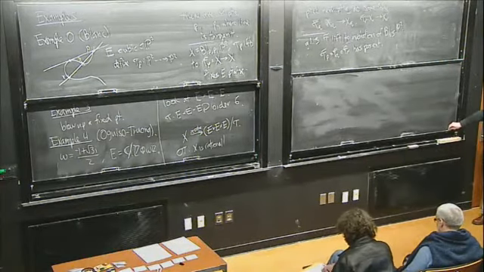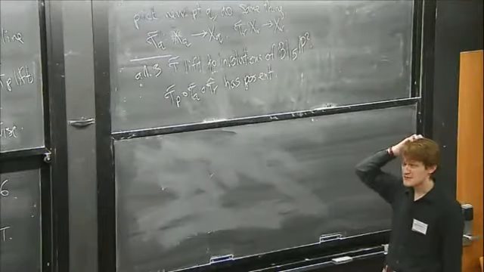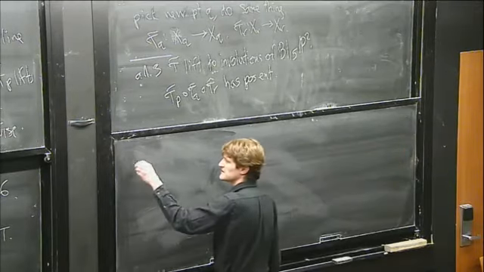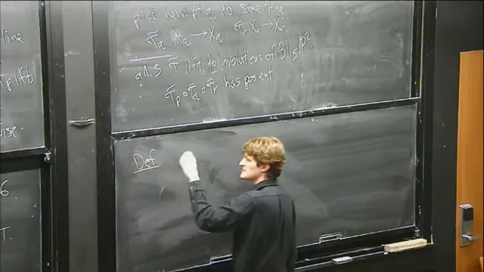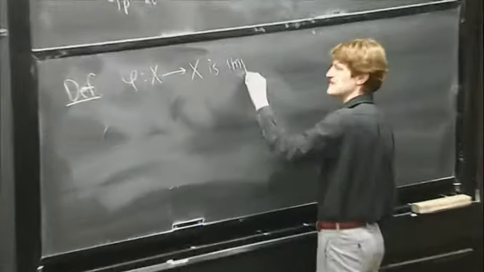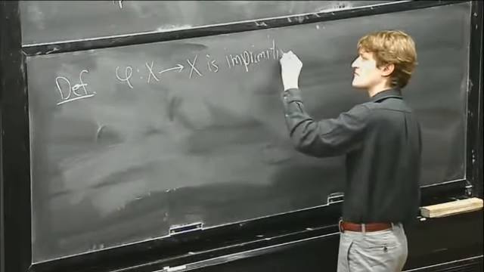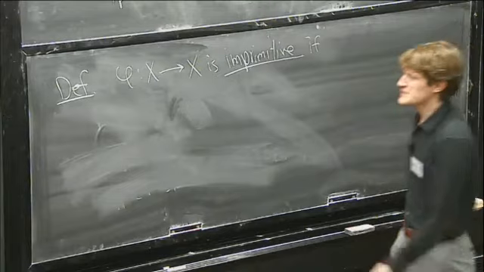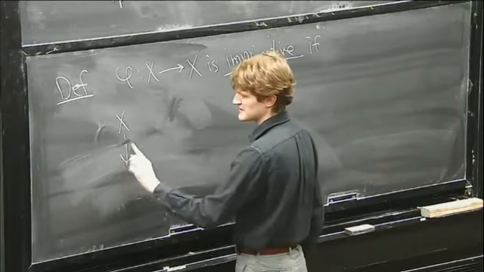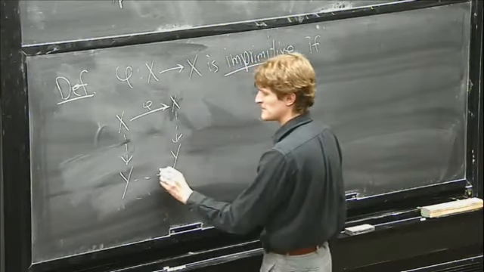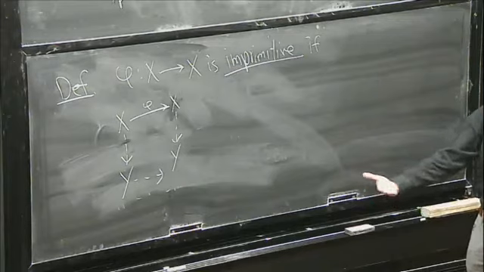OK, now a couple of these examples were sort of built out of examples of automorphisms of simpler varieties. So let's make a couple definitions to encapsulate that. So we're going to say phi from x to x is imprimitive if there's a smaller dimensional variety y and a map from x to y such that the automorphism descends to an automorphism of the base.